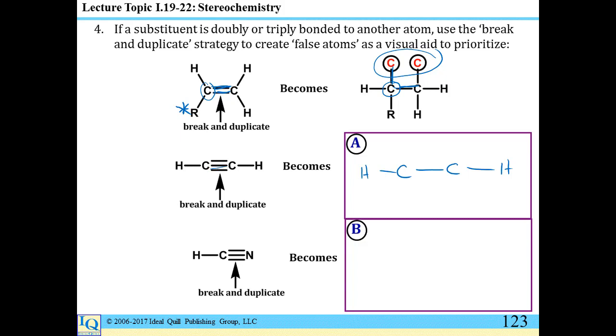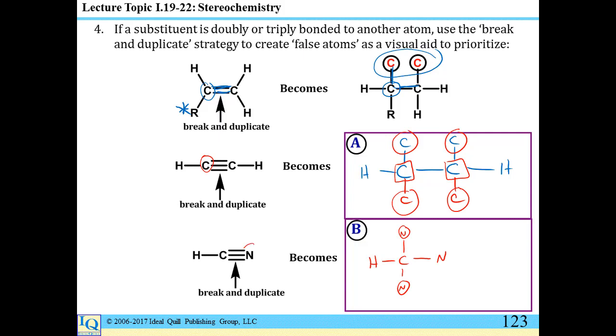Let's consider this alkyne. Instead of drawing 2 extra bonds in addition to this first one, we will draw some dummy atoms in. And I've circled those dummy atoms to indicate those are not real atoms attached to the structure, but it's to highlight the fact that each of these 2 carbons in the squares now has 3 bonds to the carbon, just as it had 3 bonds to the carbon over in the original structure.